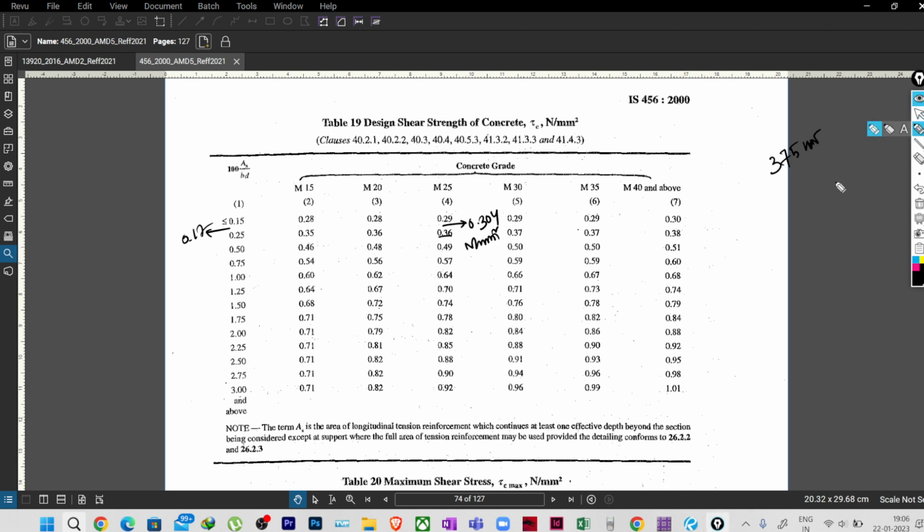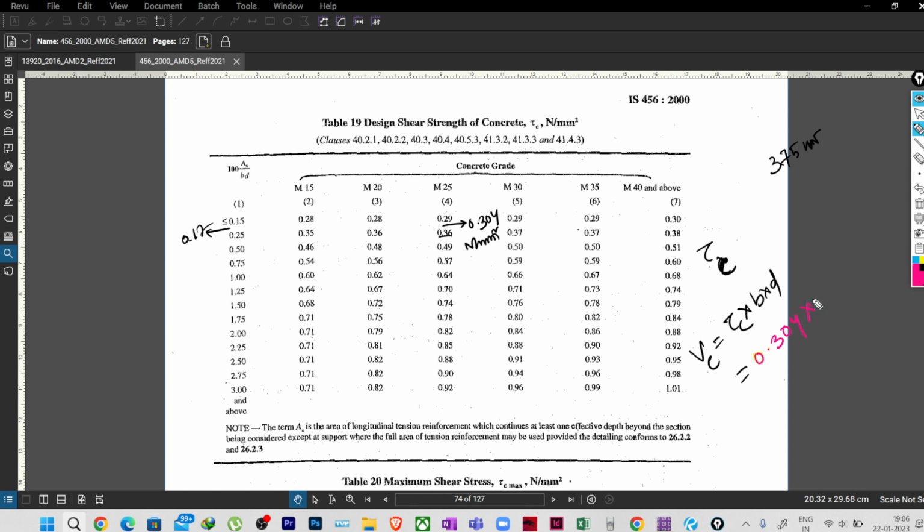Okay, so this tau c, now we need to find out the shear capacity. So how will we find out the shear capacity? So the Vc equals tau c multiplied by B into D. Okay, so tau c, it is 0.304, multiplied by B. How much is B?